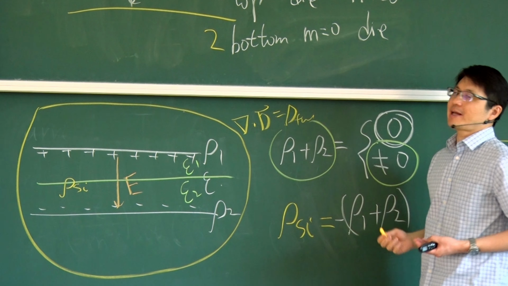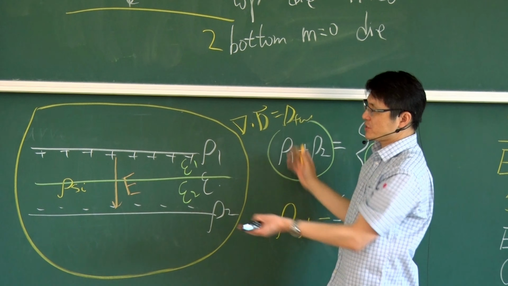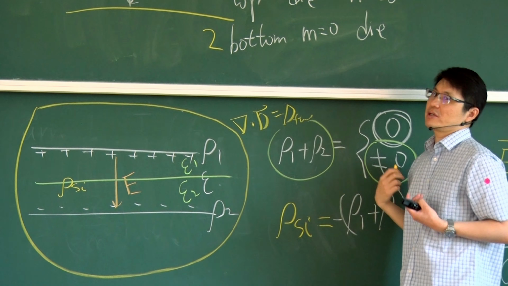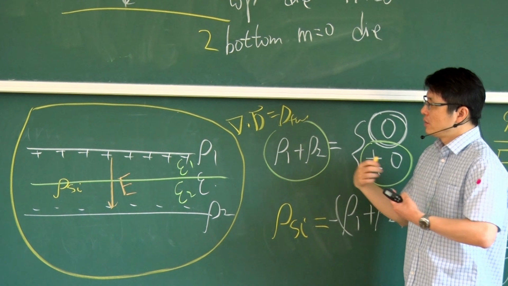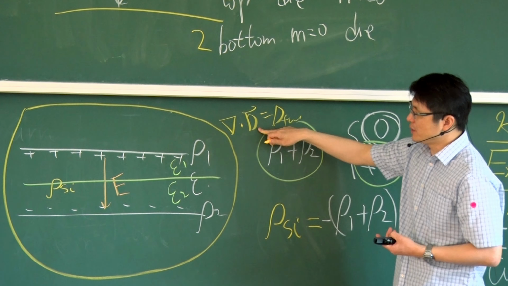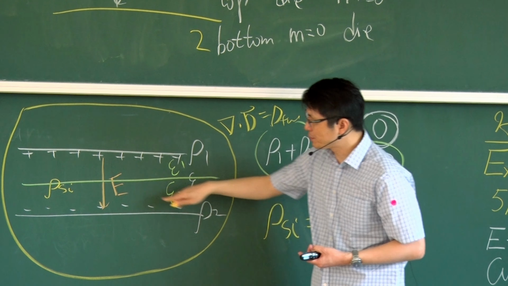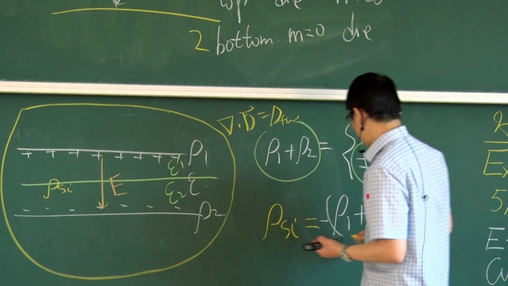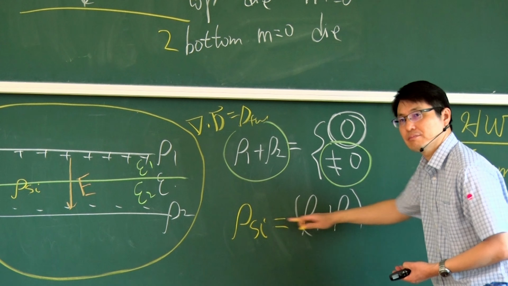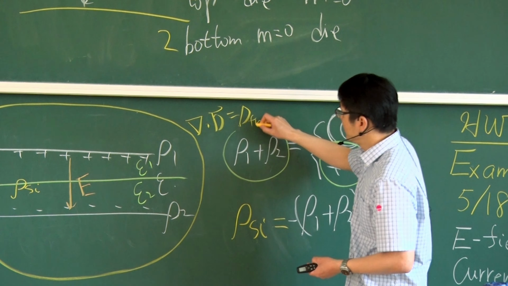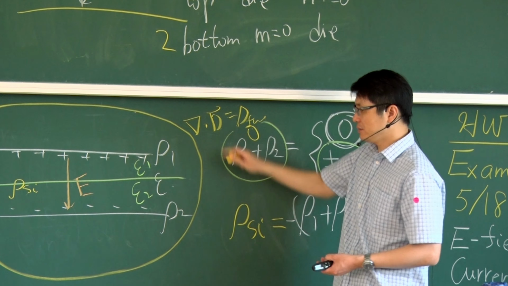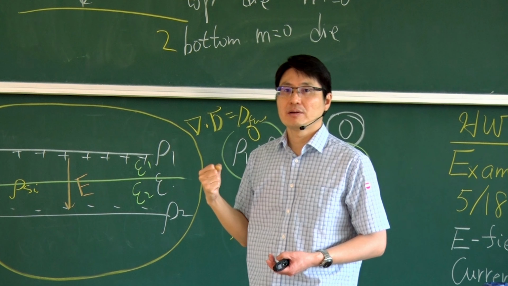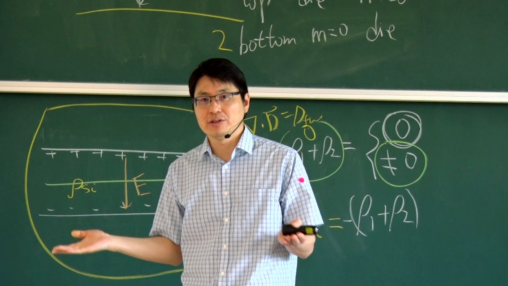I have a closed surface encompassing the capacitor, so I'm outside. Charge neutrality tells me rho 1 plus rho 2 plus this internal surface charge density is always equal to 0. So this is 0, meaning when I'm outside of the capacitor, there's no E field.